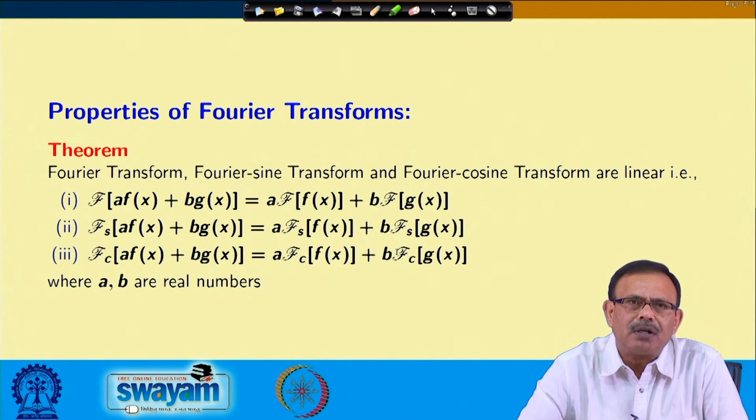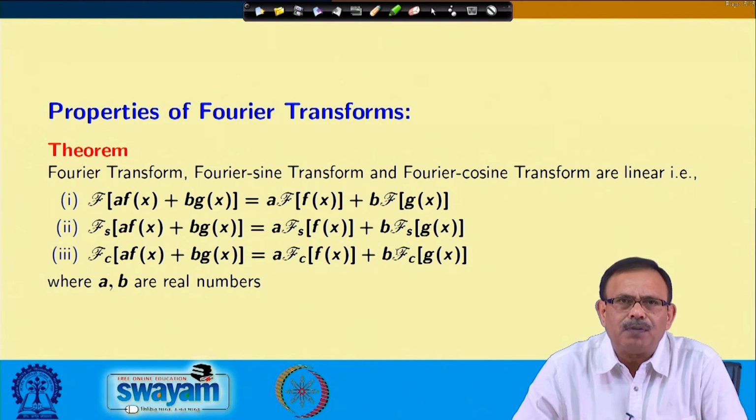Now, let us come to certain properties of Fourier transform. We have written three properties: Fourier transform, Fourier sine transform, and Fourier cosine transform are linear. What is the meaning? You have observed this same thing for Laplace transform also.